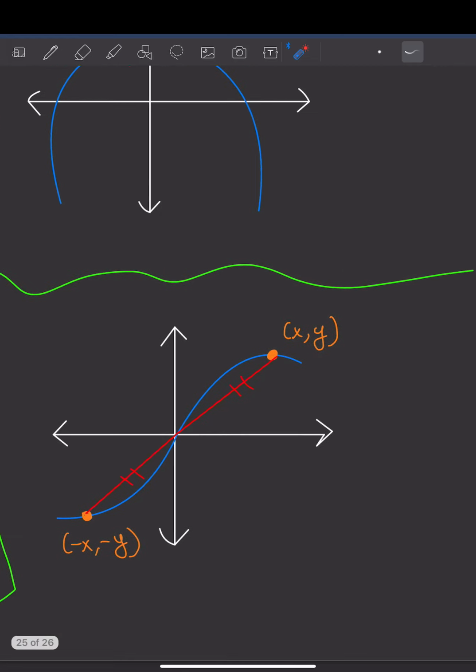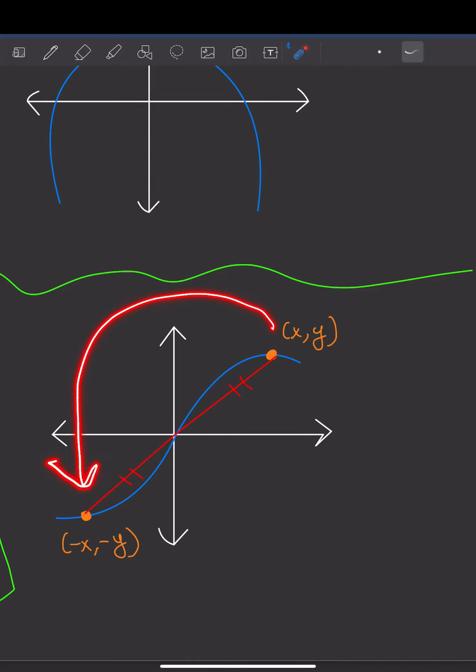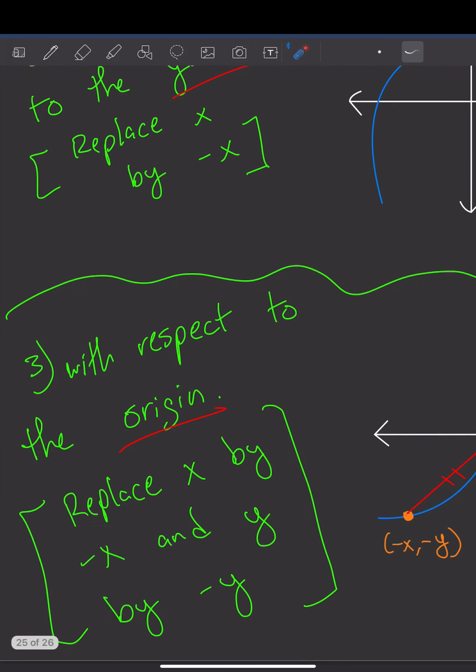Here, let's say that you start off with a positive x and y and you're trying to reflect that with respect to the origin. You're changing both signs, so now you have a negative x and a negative y.